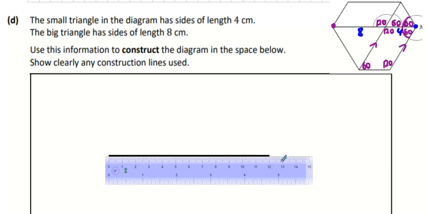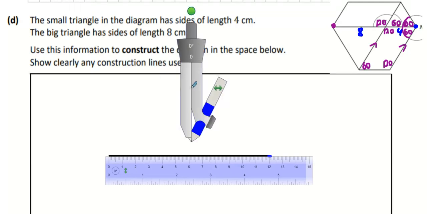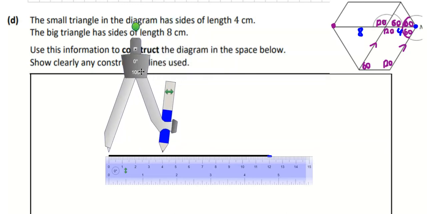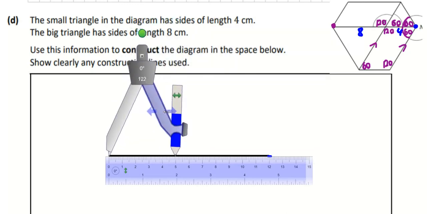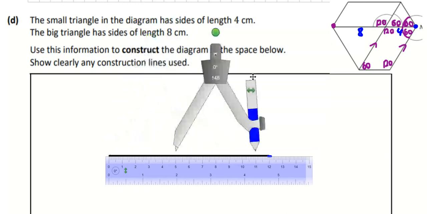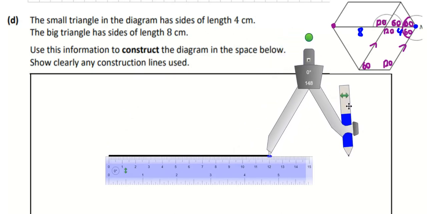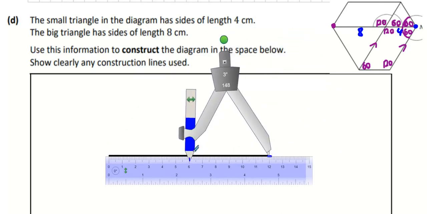I'm going to get a compass out next, okay? This compass here. If I make every length the same, I can draw myself an equilateral triangle really quickly. So 6 centimeters here, like so. There's my first little marker for 6.